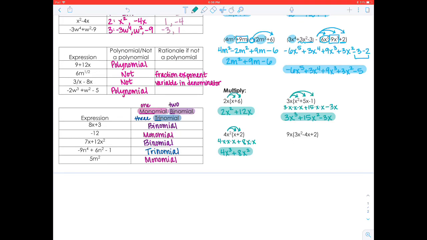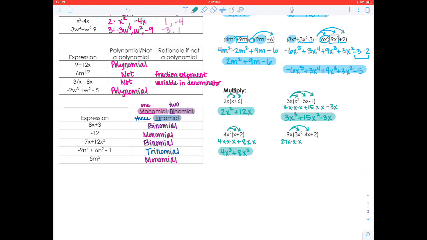Okay, and then our last one here, 9x times 3x squared, so I need to multiply those coefficients. 9 times 3 is 27, and there's an x, and then from the x squared, there's 2 more x's.